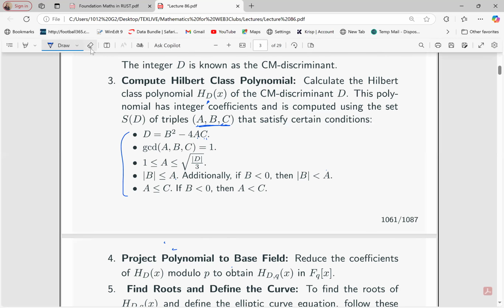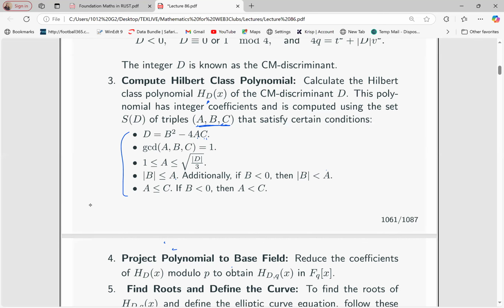What did I say? The first thing you do here, don't begin with this or this or this. Begin with this one. Find A first of all.